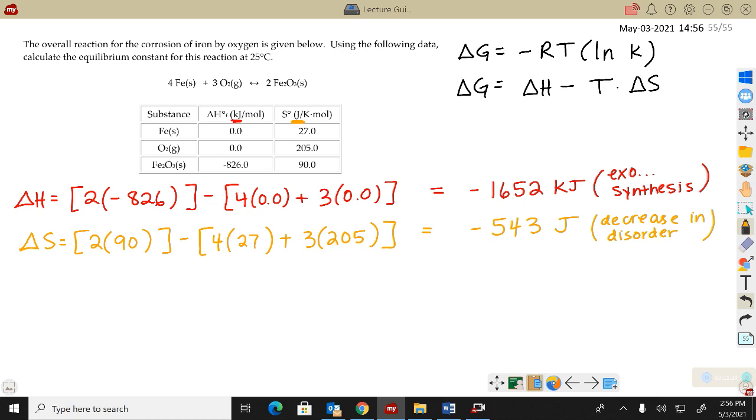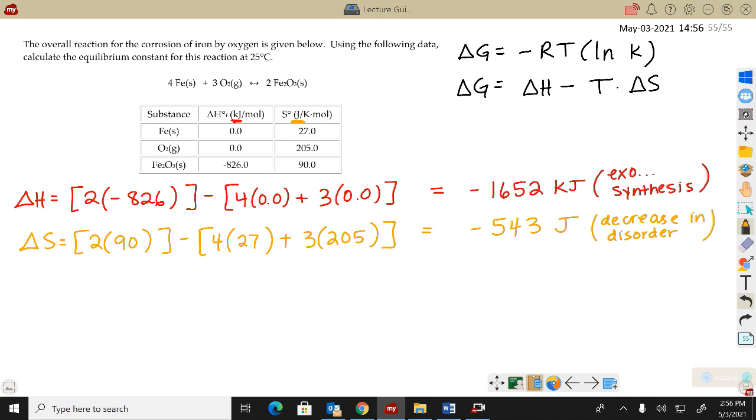I'm going from gas down to all solid. I'm losing all my crazy gas particles. So just by looking at the components of the balanced equation, it makes sense that there's a decrease in disorder. And notice, even when I look at the individual entropy values, the 2 solids are pretty low, and then that oxygen gas is much higher. Well, yeah, the gas should be a lot more disorderly.